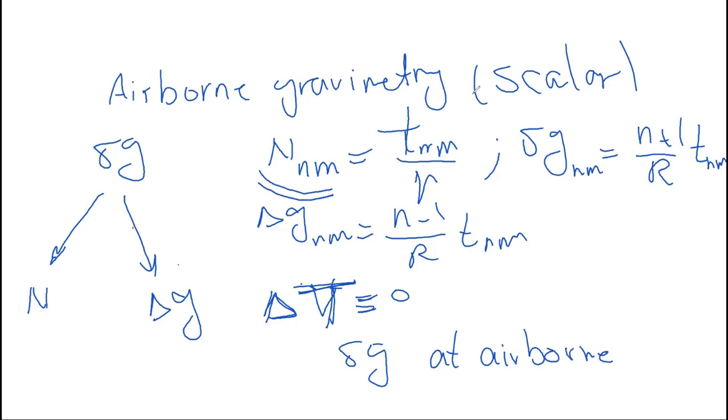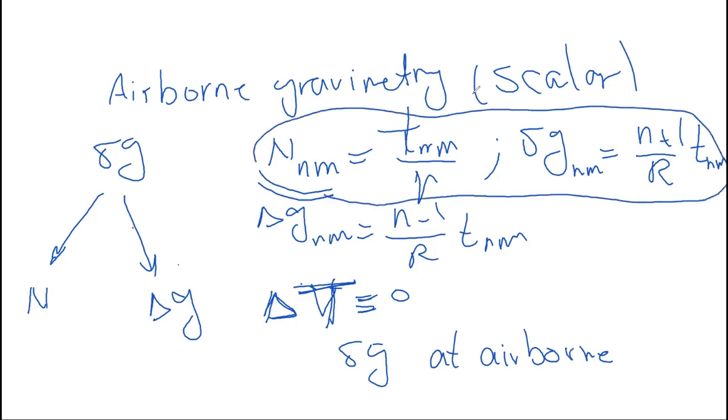It means that we need this formula and this formula. First, we determine the relation between the harmonics of the geoid and gravity anomaly. But how? T_nm is common in both.